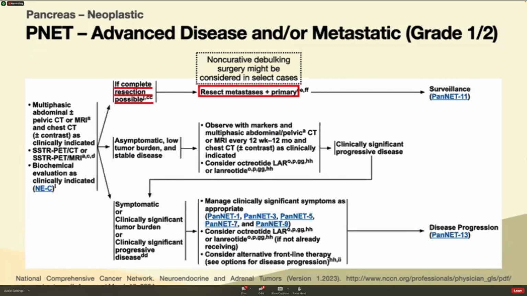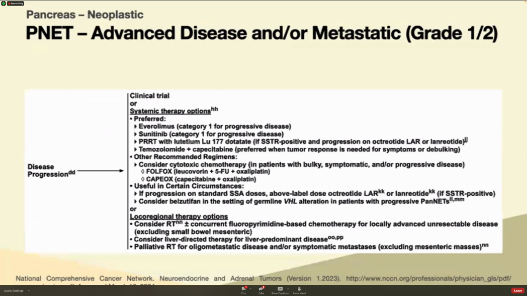Non-curative debulking may be considered in select cases if the patient is symptomatic. These are just the treatment options for patients whose disease continues to progress despite earlier management.